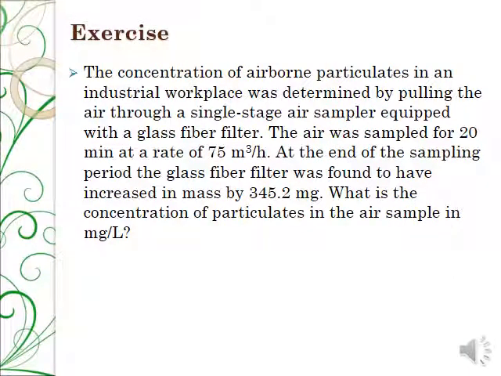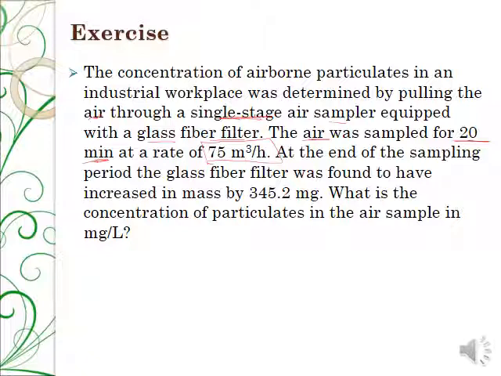The last part is the exercise involving particulate gravimetry. The concentration of airborne particulate in an industrial workplace was determined by pulling the air through a single stage air sampler equipped with a glass fiber filter. The air was sampled for 20 minutes at a rate of 75 cubic meter per hour.